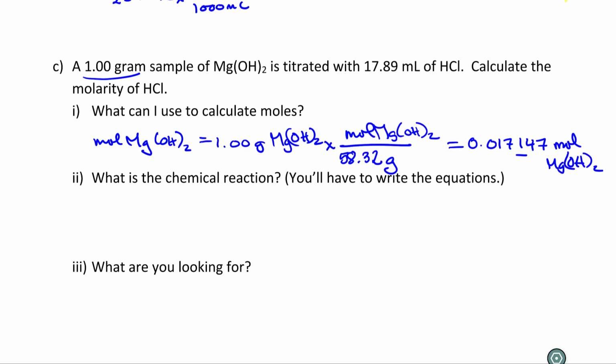So what is the chemical reaction, right? Because I'm trying to go from magnesium hydroxide to HCl, and so the reaction is going to be MgOH2 plus HCl, and then when you write the products and balance this equation, you'll have MgCl2 plus 2H2O, and I put a 2 in front of the HCl.